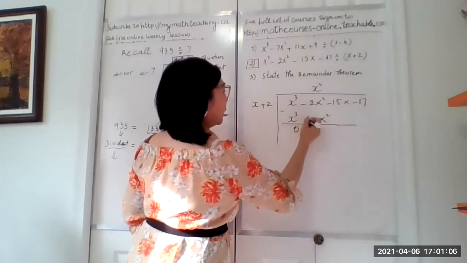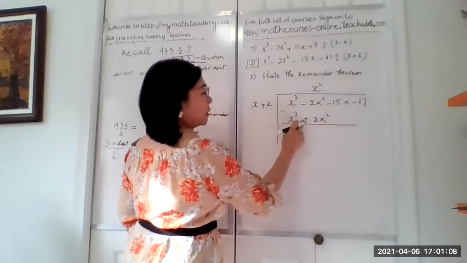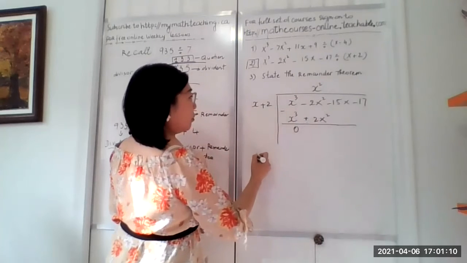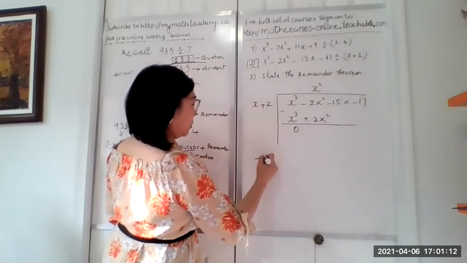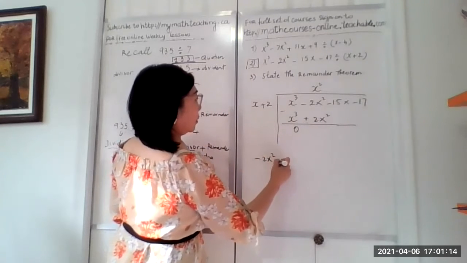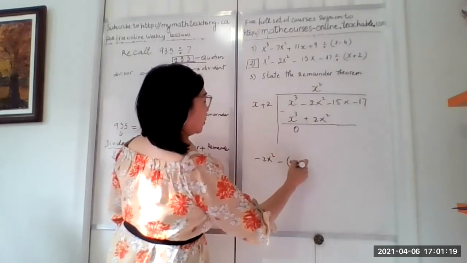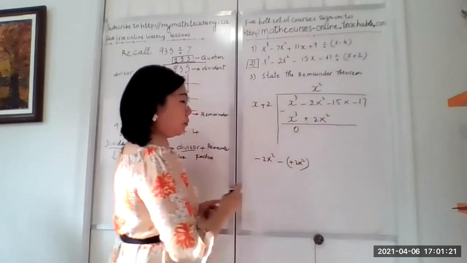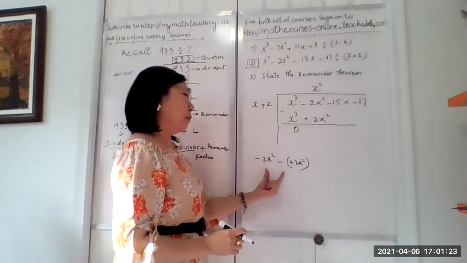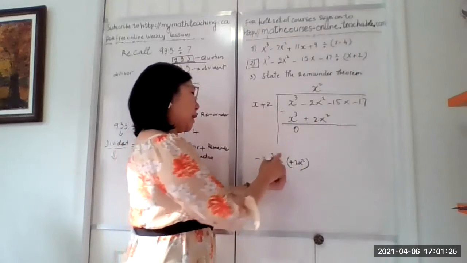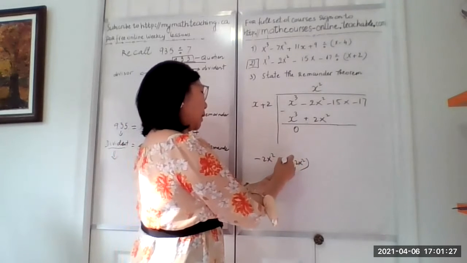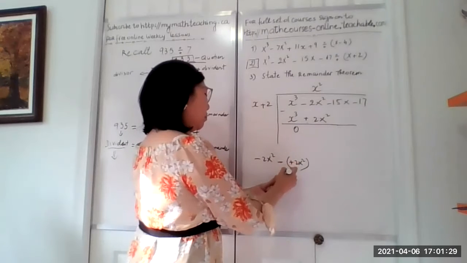Now, keep in mind that this negative will affect the sign, right? It's the same as putting it outside the bracket, right? You have minus, plus 2x squared. Let's say you put it side by side. Everybody knows when you remove this bracket, negative times positive will be negative.